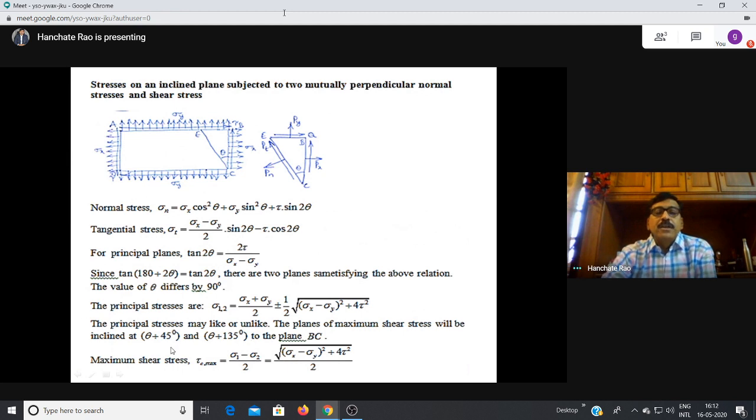Sigma 1 and sigma 2 are the principal stresses. So the maximum shear stress is sigma 1 minus sigma 2 by 2, which is nothing but under root of (sigma x minus sigma y) whole square plus 4 tau square, by 2.